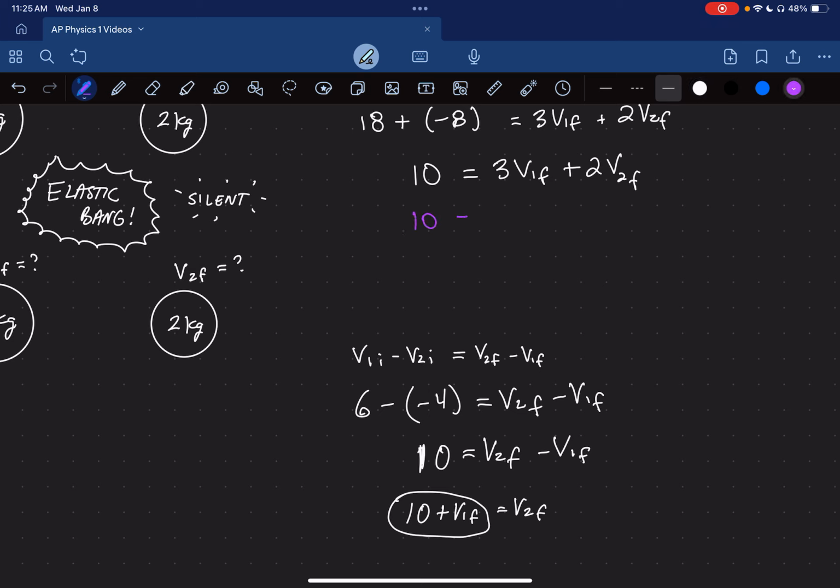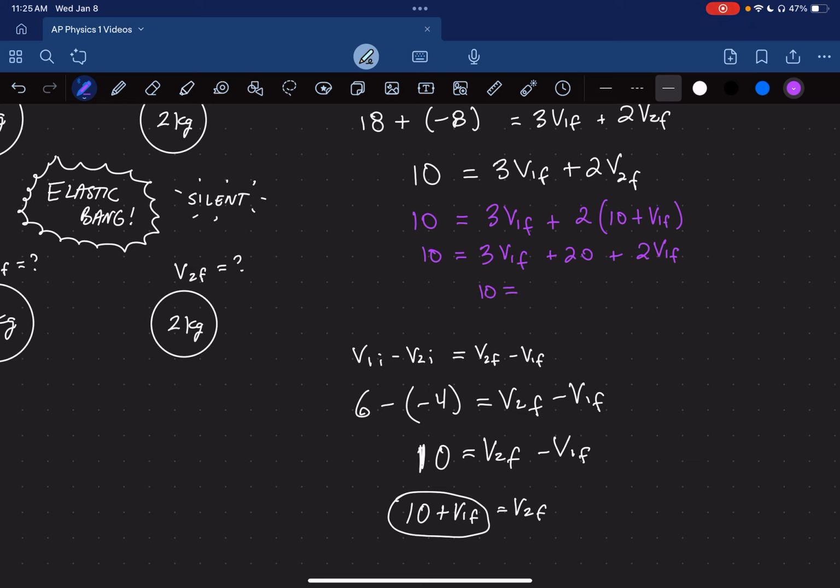Let me do this in another color. V1F to 10 plus V1F. We can distribute the 2. Something like this. Now we only have one variable here, V1F and V1F, so we can combine those.